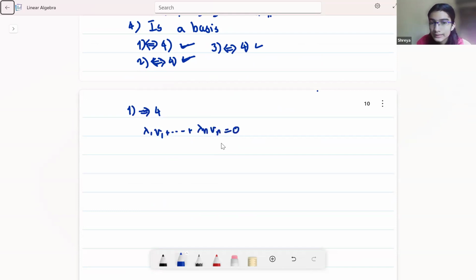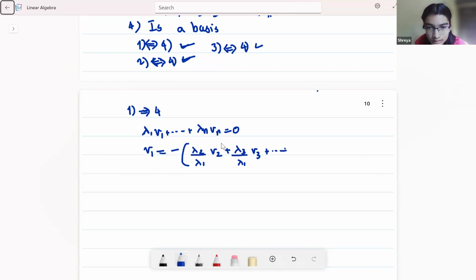And we want to show that we can remove one of these elements and the span will still be V. But then one of these coefficients is non-zero. So suppose that lambda 1 is non-zero. Then we get that v1 is equal to minus of lambda 2 by lambda 1 v2 plus lambda 3 by lambda 1 v3, and so on.